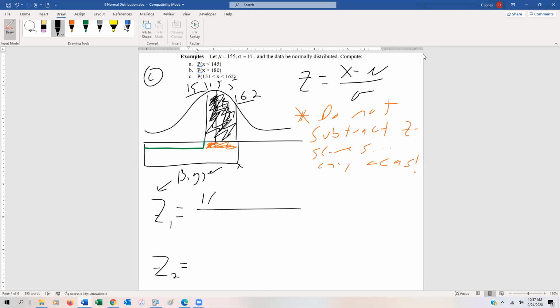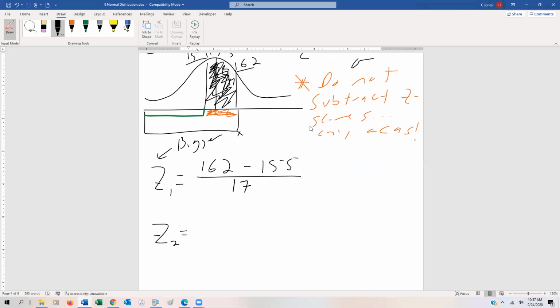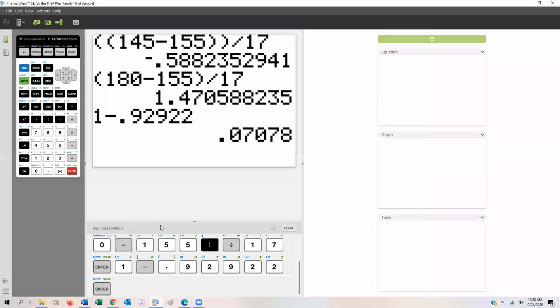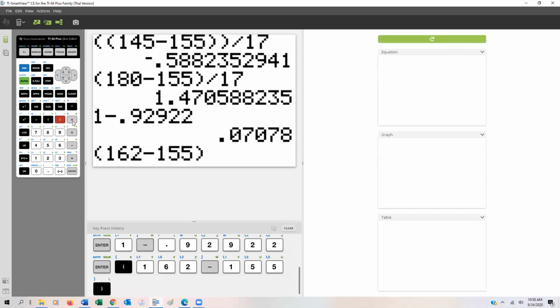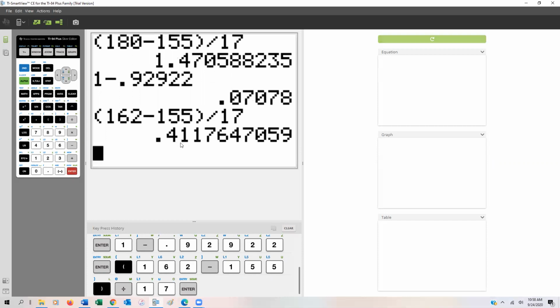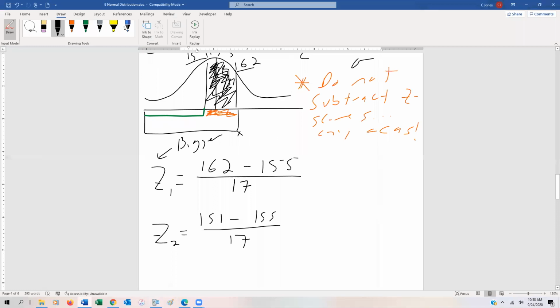I'm going to use 162 minus 155 over 17, and for z2, 151 minus 155 over 17. Now let's go in our calculator. We do parentheses 162 minus 155, divided by 17, and that yields approximately 0.41.